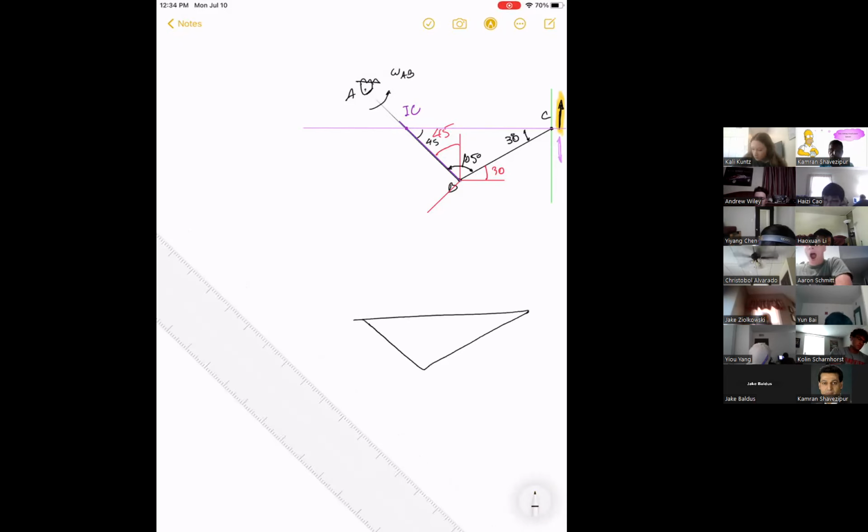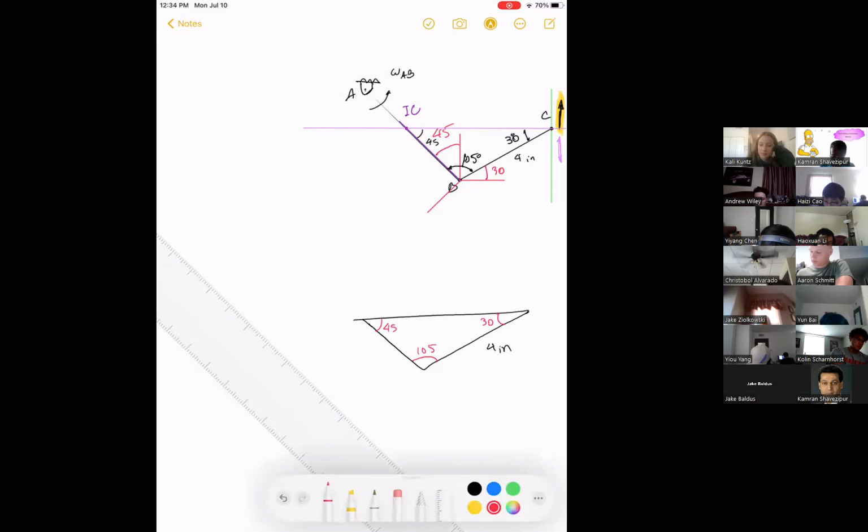This length I know. This is 4 inches. Right? So this is 4 inches. This angle is 45, 30, and 105.